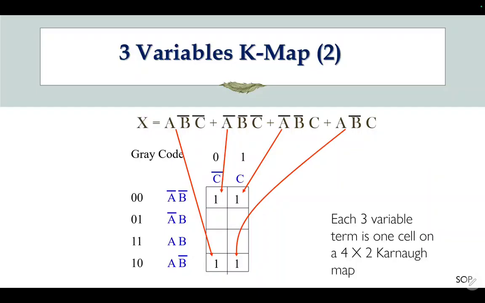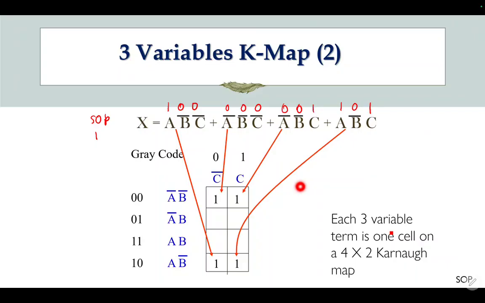Next, this is an example. This is SOP. By looking at the equation, this is SOP, where you have to place number 1 in the table for the locations of 0, 0, 0; 0, 0, 1; and 1, 0, 1.